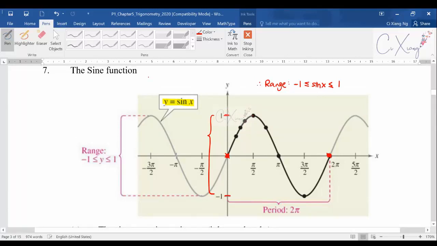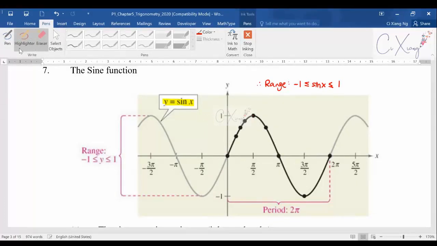From this graph, it's very important that you memorize it. When you memorize it, you have to know a few important values from here, because usually when they ask you to get a solution or an answer, you cannot get it from another method. You can only get it from the graph here.